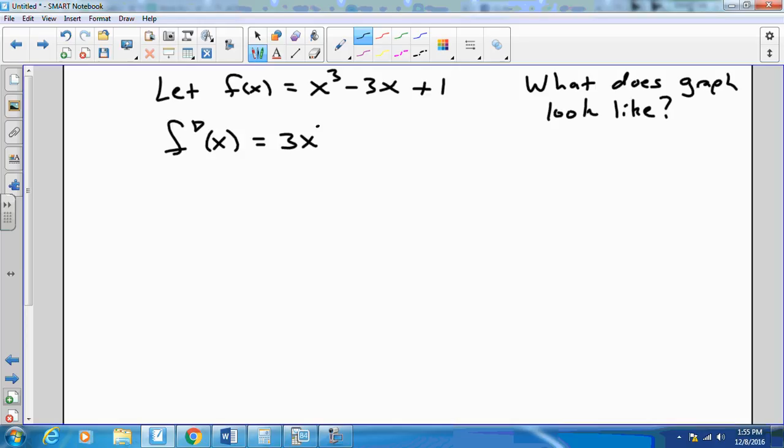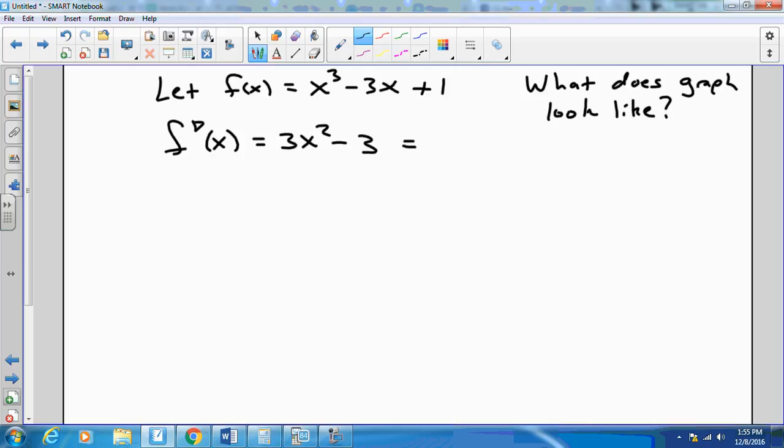The reason is that f prime cannot change signs without either going through 0 or failing to exist. You can't switch from positive to negative unless you either have a discontinuity or unless you go through 0.